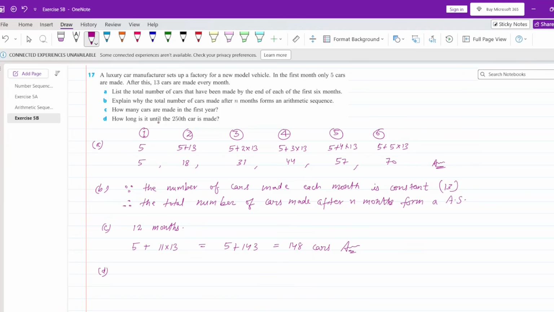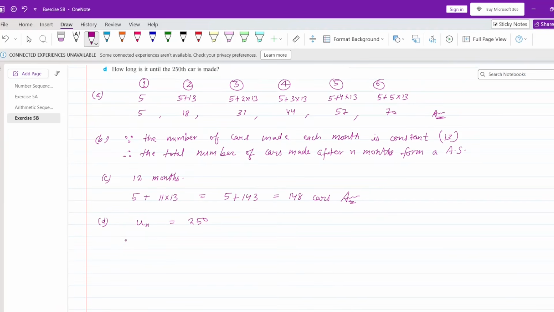How long is it until the 250th car is made? So we know un equals 250. Therefore, un is u1 plus (n minus 1) times d, equals 250. Now the value of u1 is 5, and d is 13.